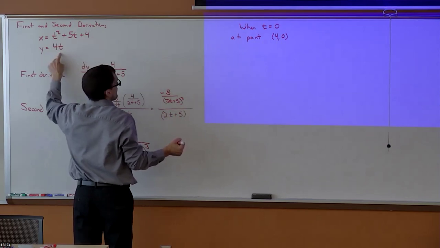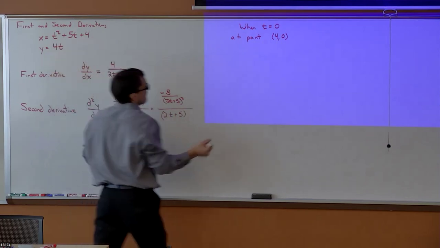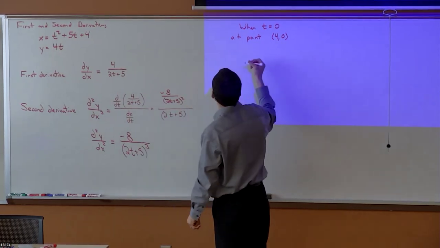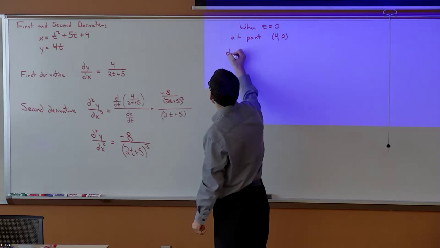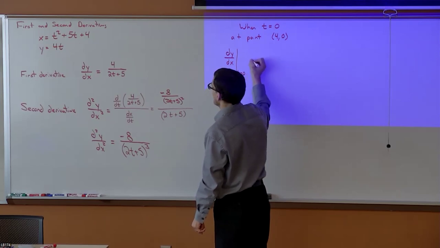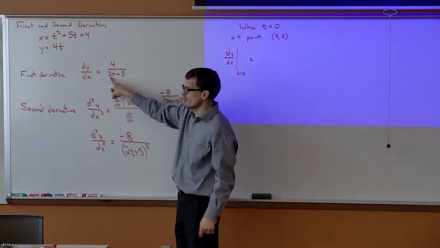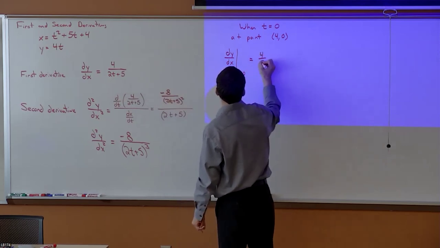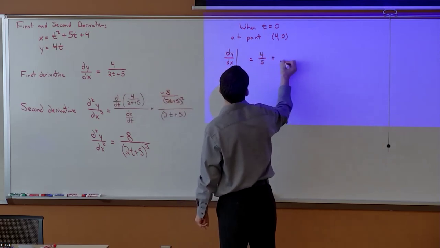When I plug in 0 into y, I get a 0. So we're at the point (4, 0), and we're asking what's the first derivative when t is 0. I simply need to plug in 0 there, and you get 4/5, or 0.8.